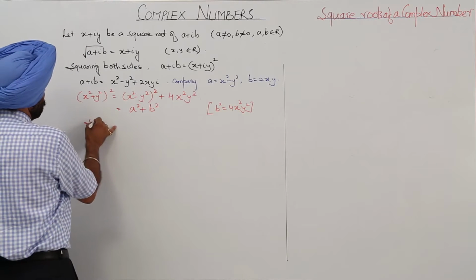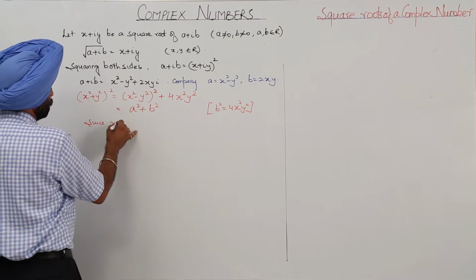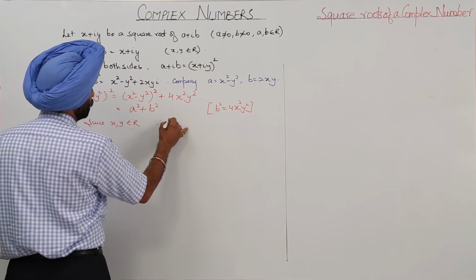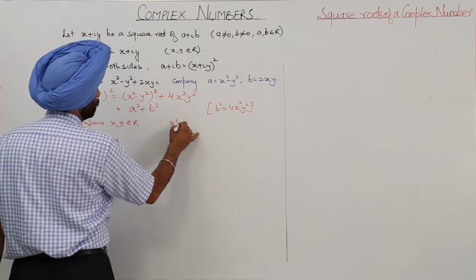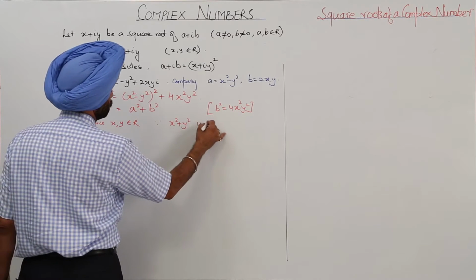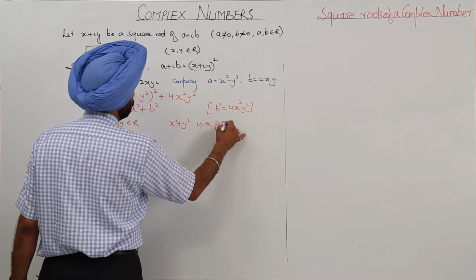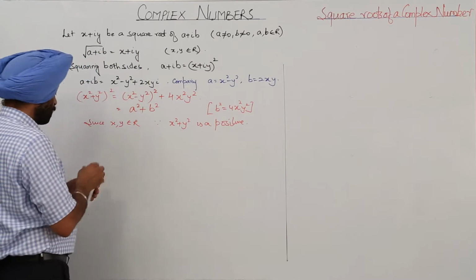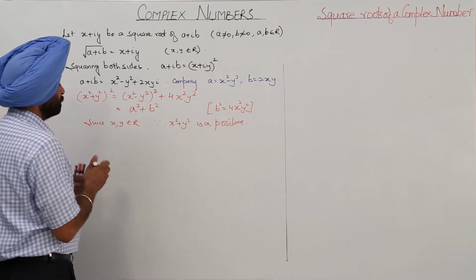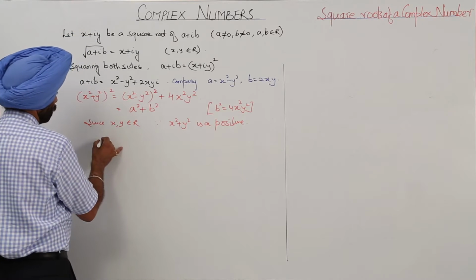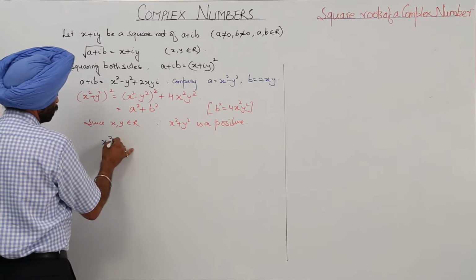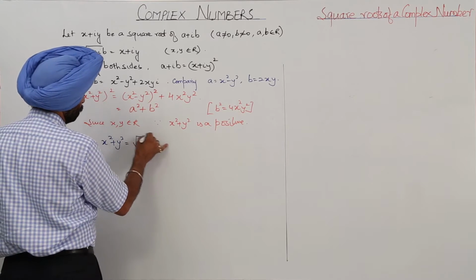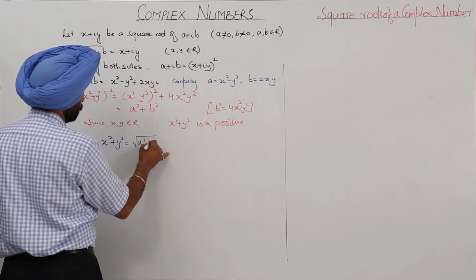Now, since x comma y belongs to R, hence we can take x square plus y square as a positive value. Now, we have x square plus y square is equal to square root of a square plus b square.